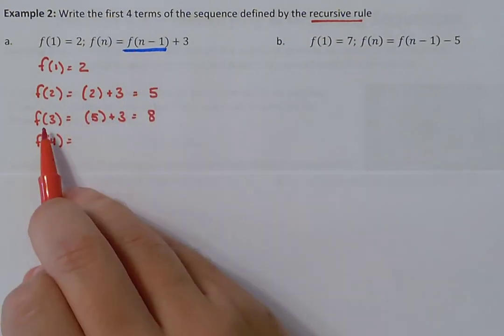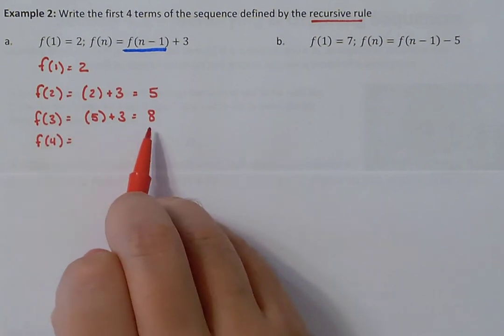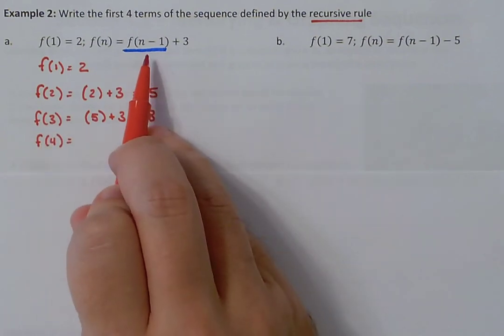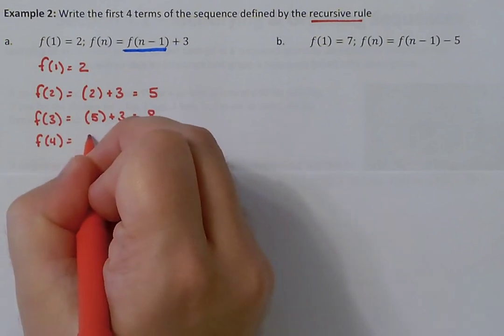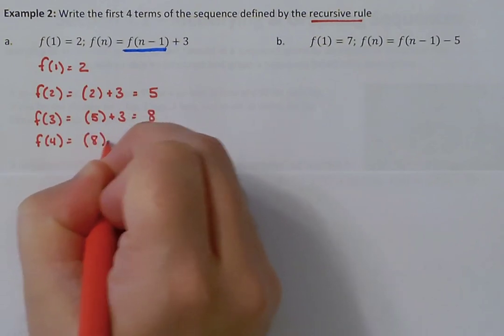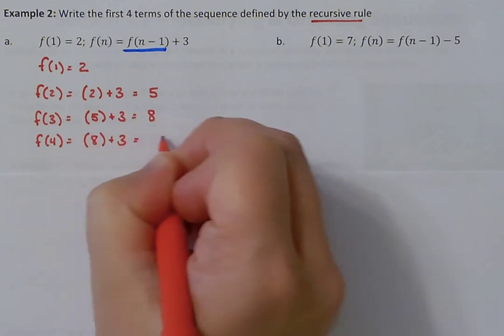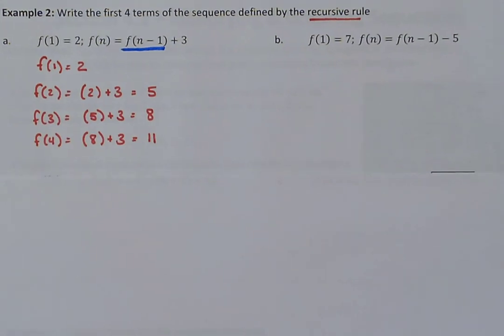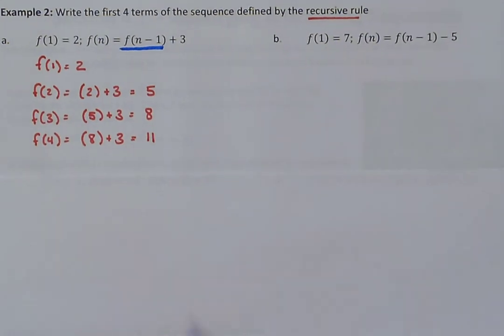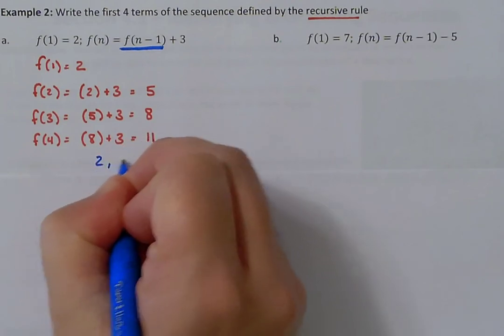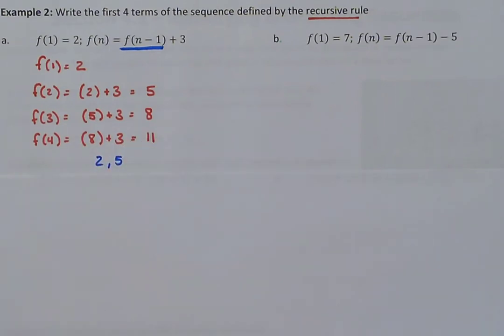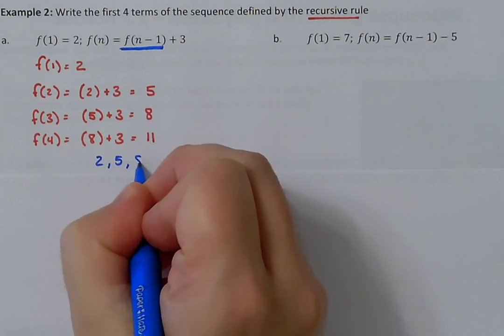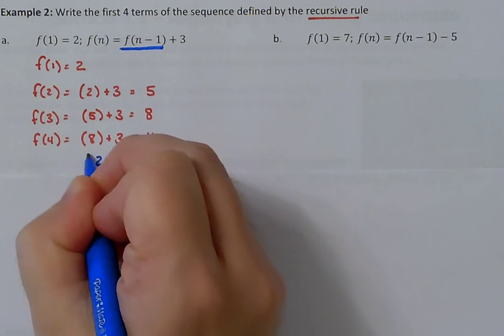So f of 3, my third term, is 8. So we plug 8 in for that blue part, and we do plus 3 again, and we end up with 11. So my first 4 terms for this problem are 2, 5, 8, and 11.